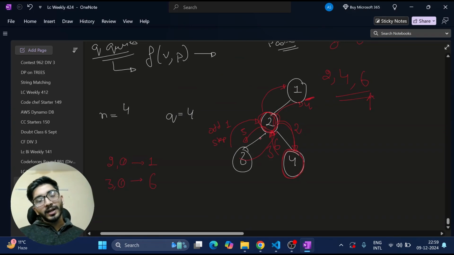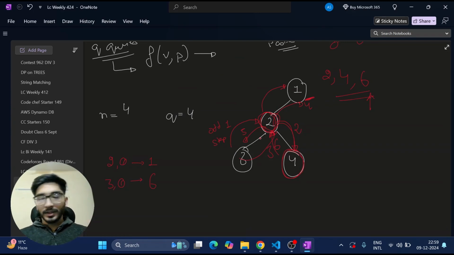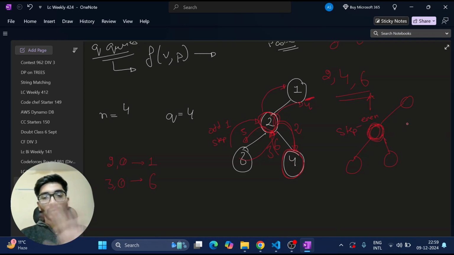Instead of getting into the probability thing, because I personally don't like probability: whenever I am at this position and my step is an even step, there is a fair chance that I can move to any particular node. There are a total of 3 possibilities, so I can go to any of these nodes with this much probability. We use this probability with the total number of steps taken up to now to come to an answer, which will be 6.